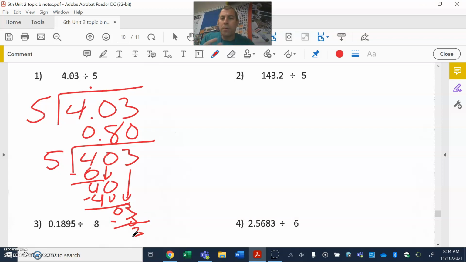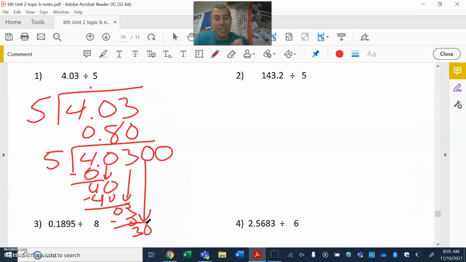Well, remember where our decimal was at. Our decimal was between that 4 and 0. So I can add zeros on, so I've got numbers to bring down. So no more saying it's going to be a whole number, or we just say R3 for remainder 3. No. We add our zeros and we continue the division process.